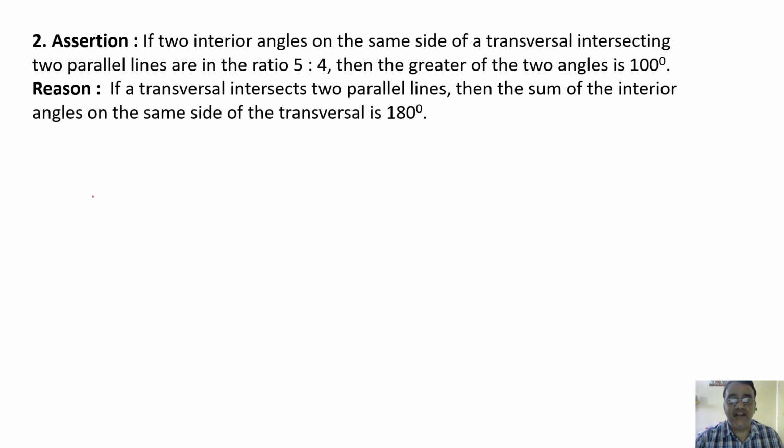If two interior angles on the same side of the transversal intersecting two parallel lines are in the ratio 5:4, then the greater of the two angles is 100 degree.